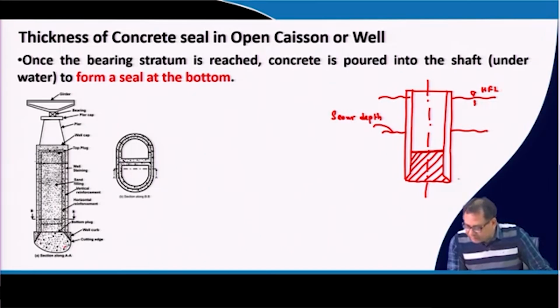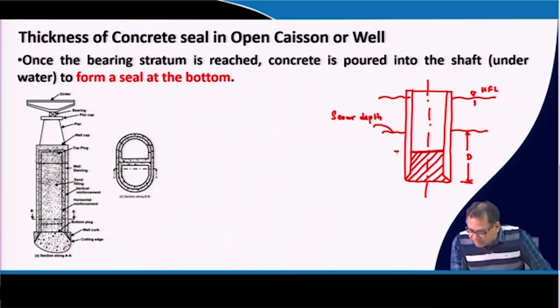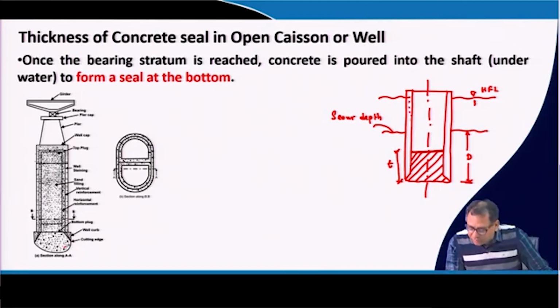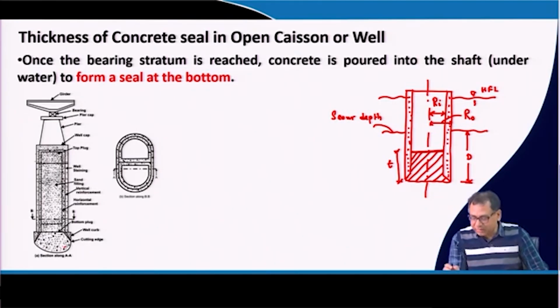Say this one is the depth of foundation below the scour level, and this is the thickness T of the concrete seal that we have to determine. We have two diameters of the shaft, one is the inside diameter, another is the outside diameter. So, this is R I, the inside radius, and this is R O, the outside radius.